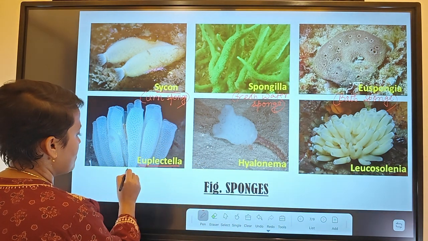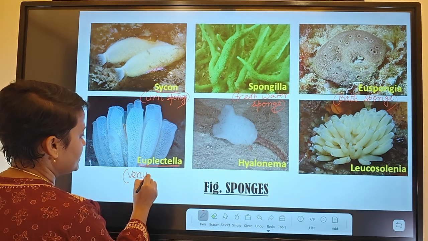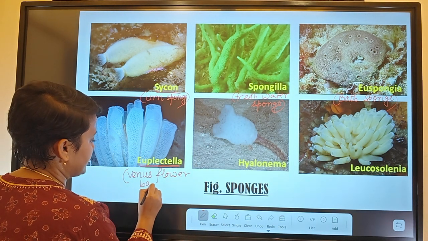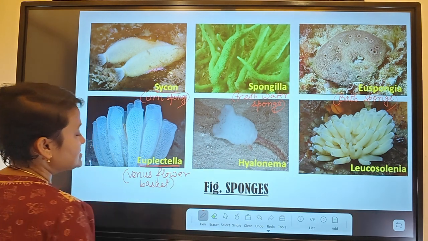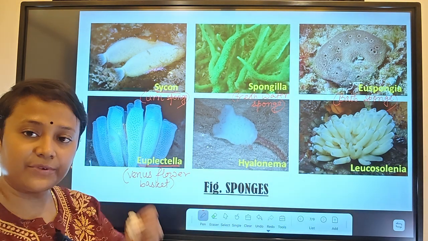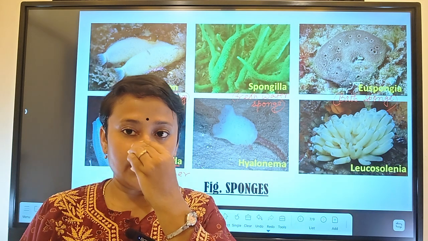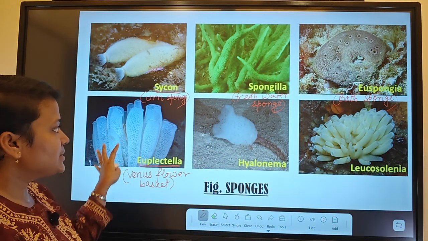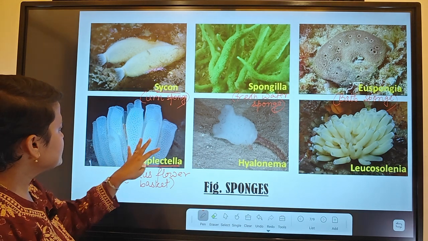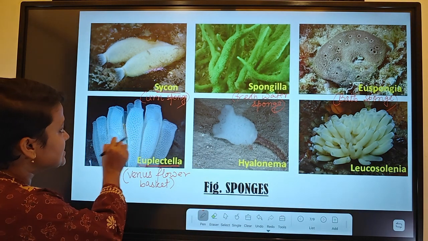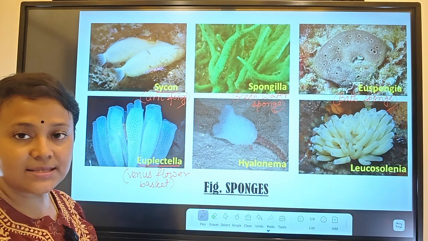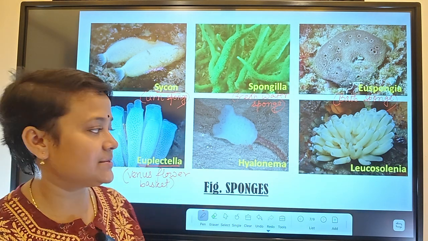The common name is very important: Venus flower basket. It is used as a gift in marriage in Japan. This is very beautiful and you can see the structure which has siliceous spicules. That's why it is glassy. If it is calcareous, it will not be glassy.